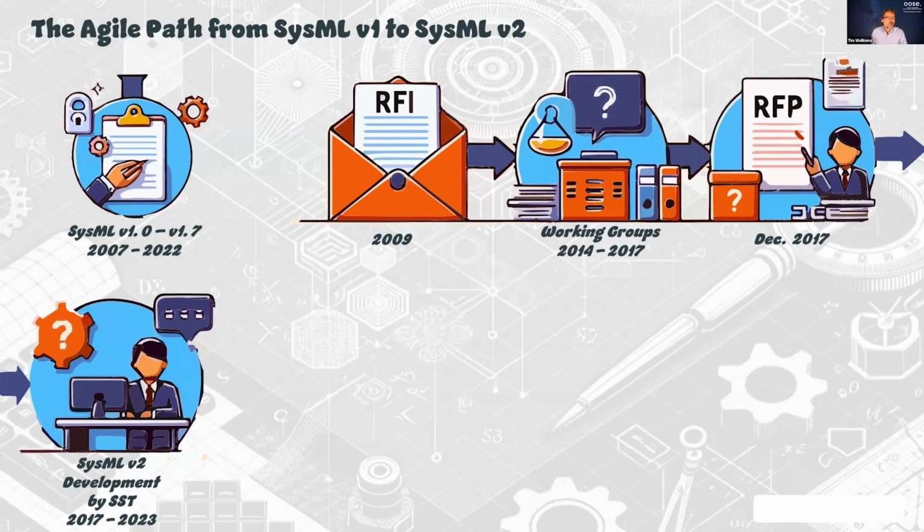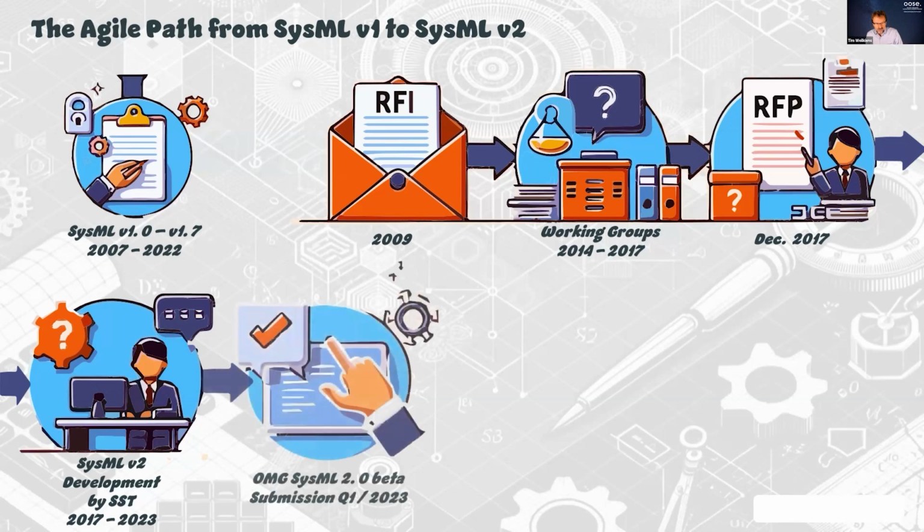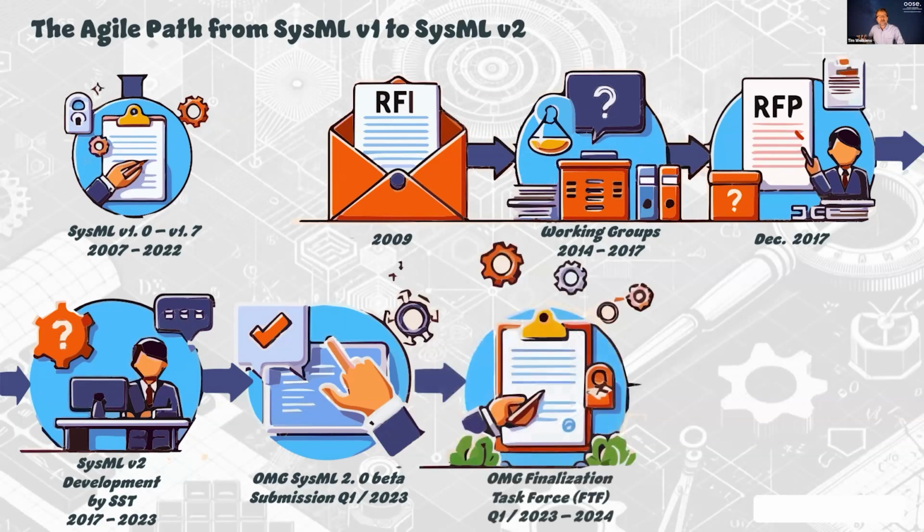And the team worked 6 years and submitted in the first quarter of 2023 the SysML v2 specification to the OMG, which adopted it, which does not mean that it's already published. It's adopted, so accepted, but at the same time, the OMG chartered so-called finalization task forces, which finalize the submission.